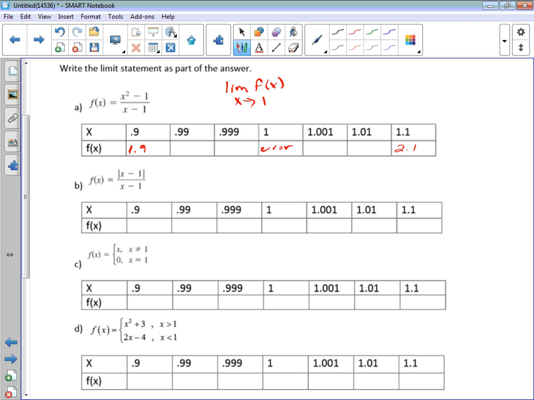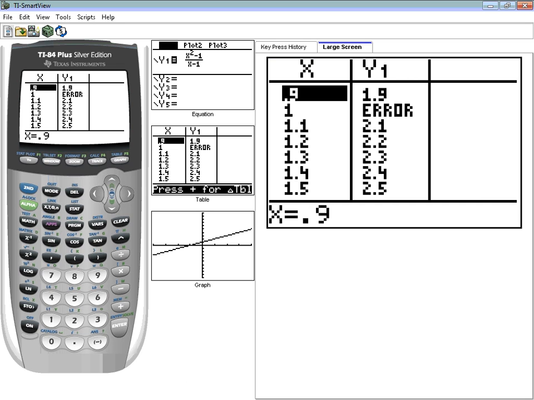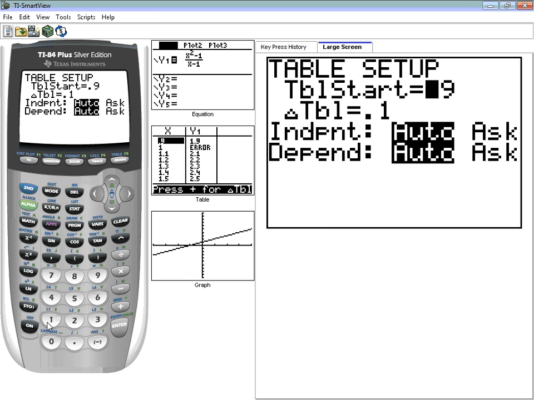Okay, we are going to go back to our table set again. So, second window. Again, we want to start at 1, okay? Every time we're going to start at whatever that limit is approaching.